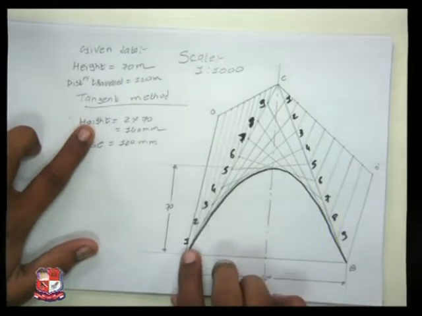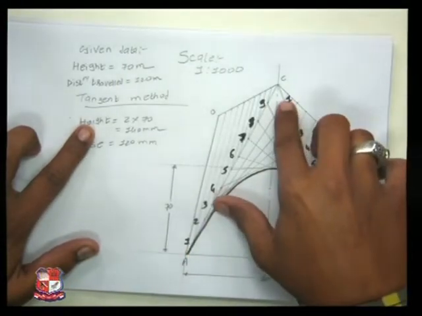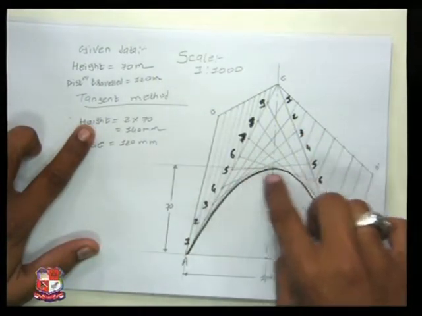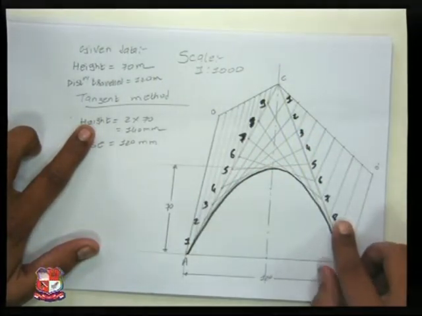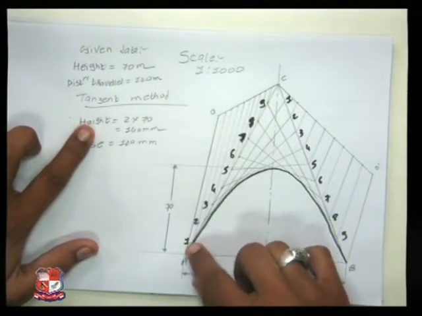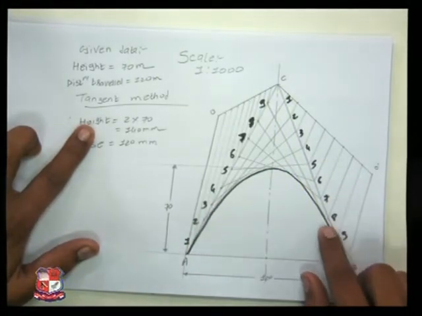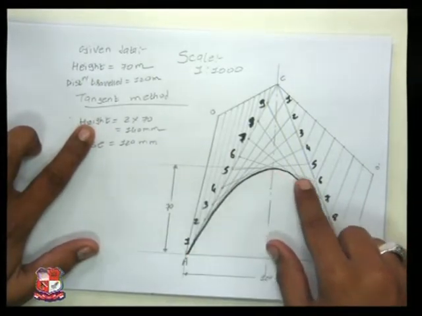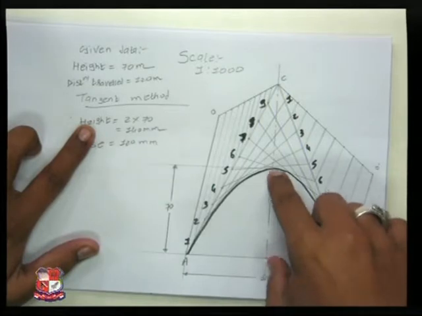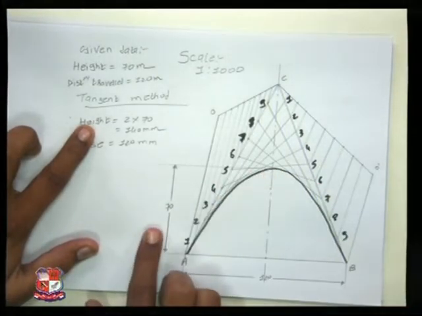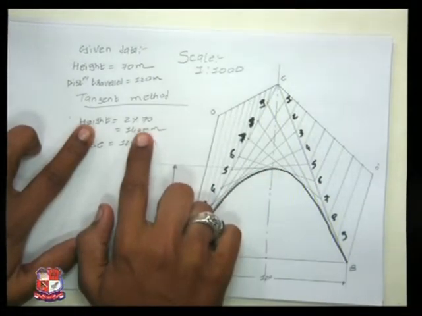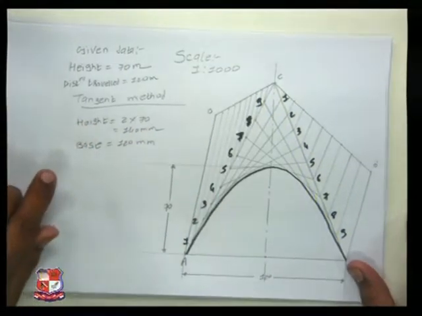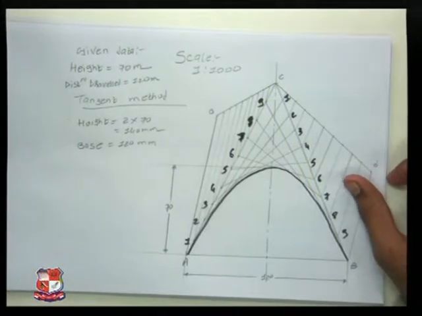Now join point 1 to 1, 2 to 2, 3 to 3 and so on up to 9. You will automatically get a tangent parabolic shape. Highlight it with a dark pencil, measure it, and you will get the given height, which is 70 mm or 70 meter. So this is how you can draw a parabola using the tangent method.